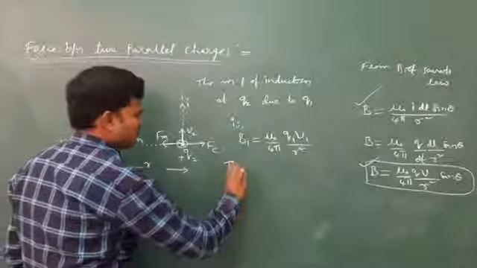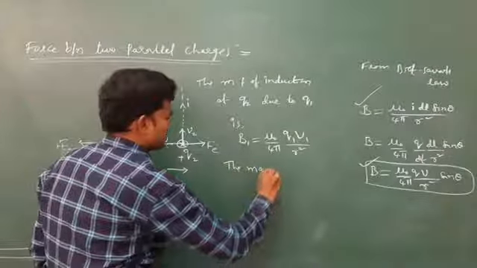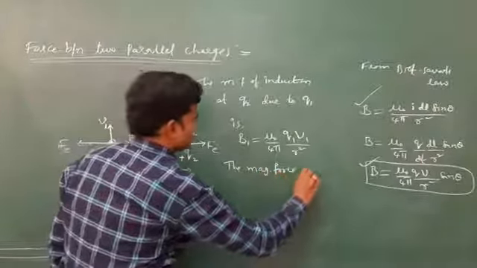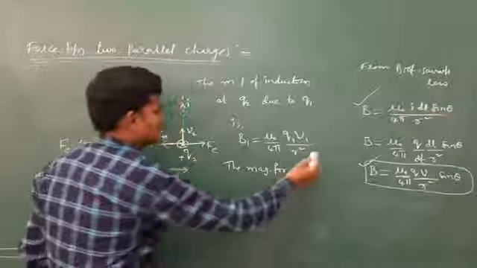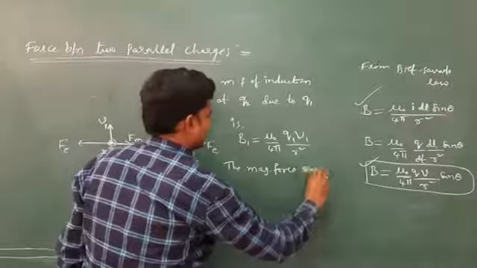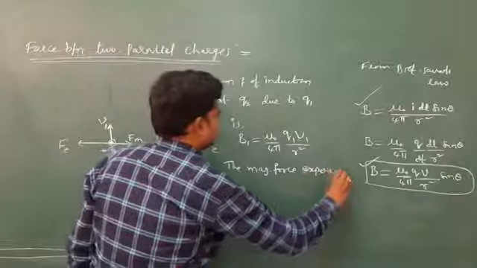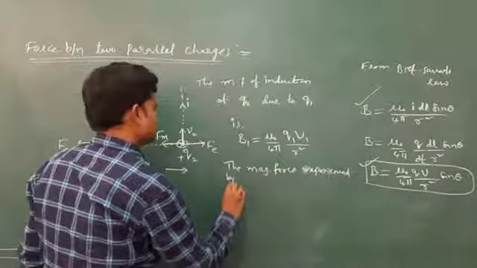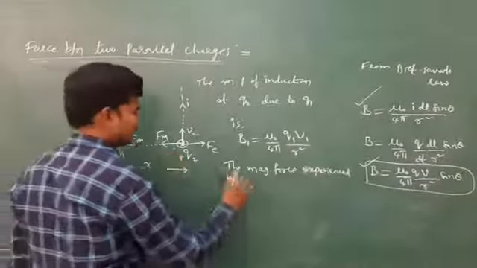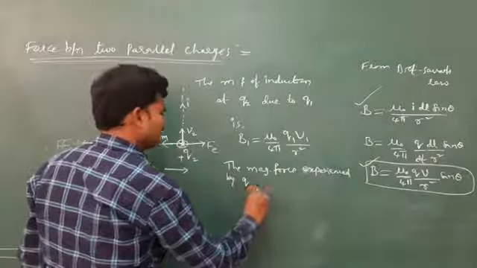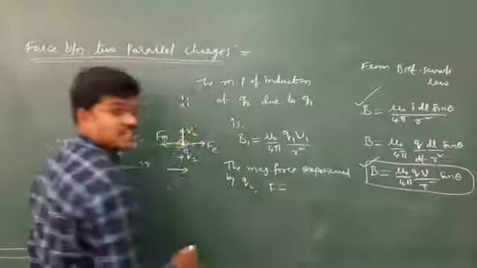Now the magnetic force experienced by any charge. Both charges will be equal and opposite. The force experienced by Q2 we can write as F equals B Q V sin theta.